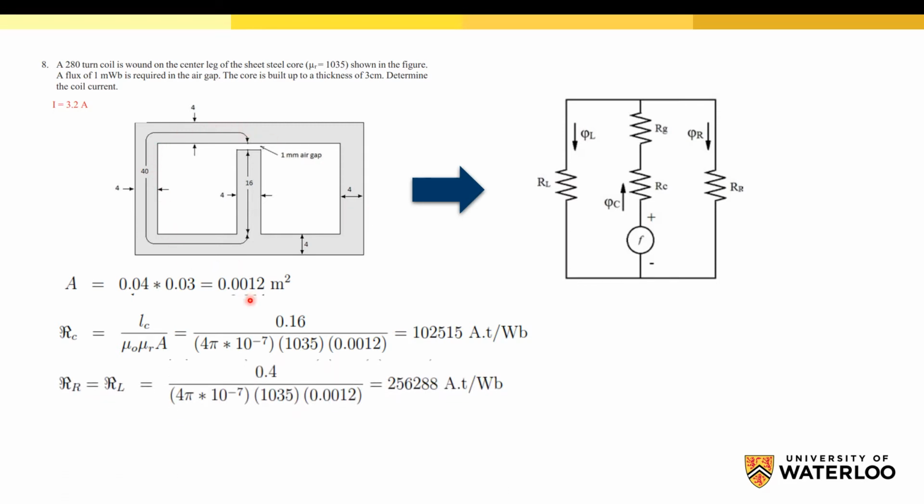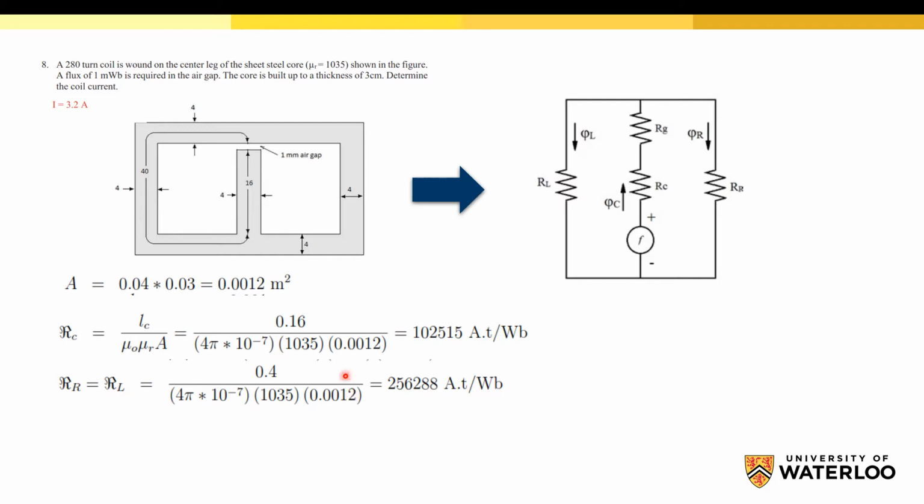In this specific problem, these two reluctances are similar, and equal to the mean length. The mean length here is given directly, 40, and the relative permeability and the area.